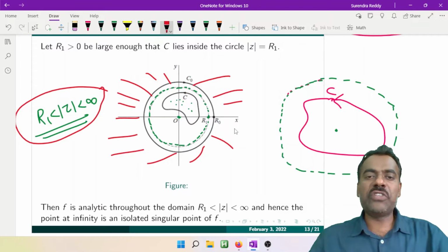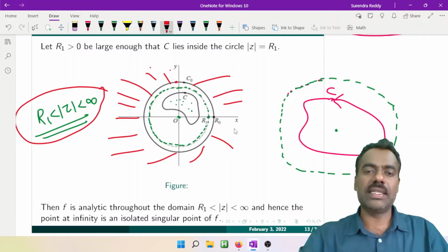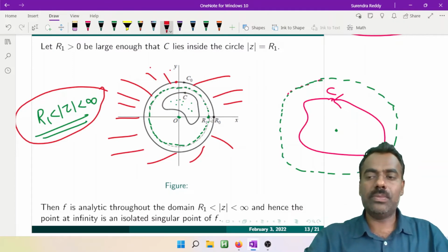A person can stand here, facing this side, and then the left side is this one. That means the interior is nothing but this one for C naught, because of this direction orientation.